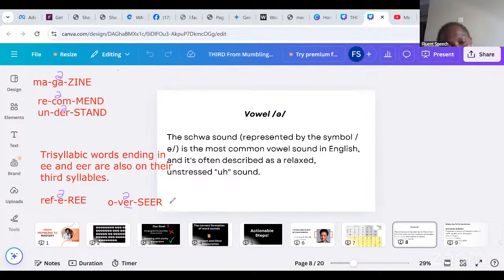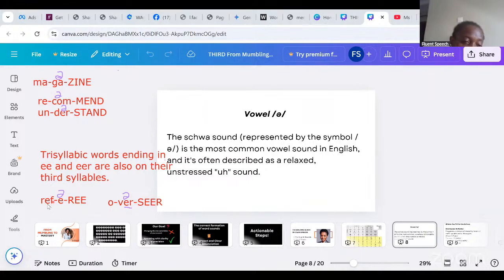So the strategy here is, if the word has 3 syllables and it ends in EE or it ends in EER, then we stress the last syllable. So then the other syllables that we aren't stressing, we can have schwas in them.